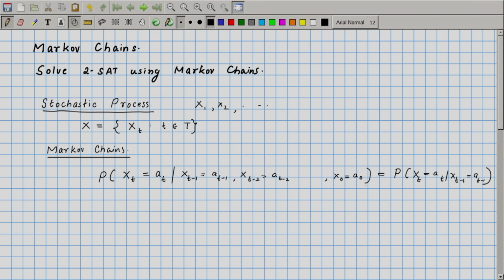So, in some sense the entire dependence on the other random variables is captured by the random variable x_{t-1}.